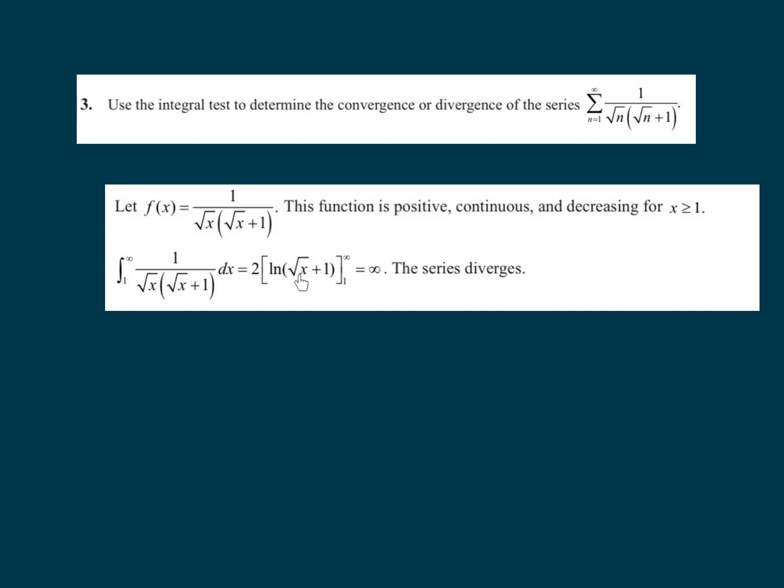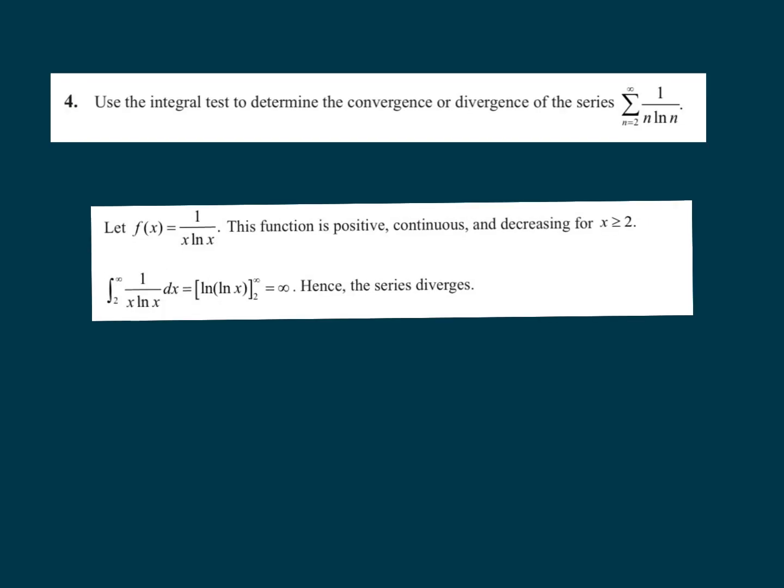The derivative of square root of x is 1 divided by square root of x, and we put the 2 to correct, and it will be the antiderivative. The evaluation from 1 to infinity will make natural log of a square root of something very, very big. This goes to infinity. So this series diverges.